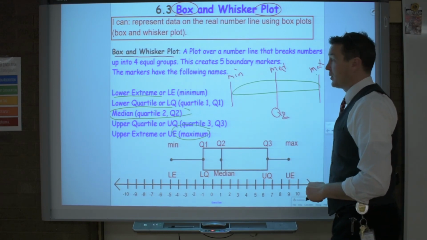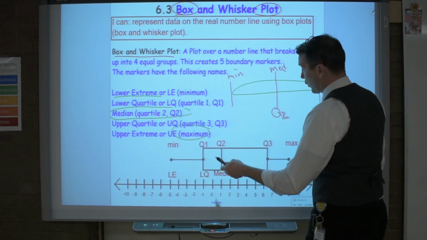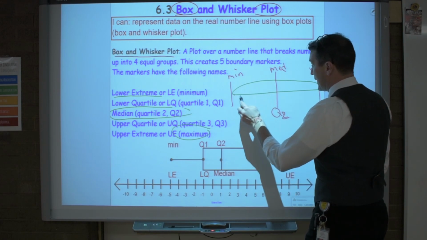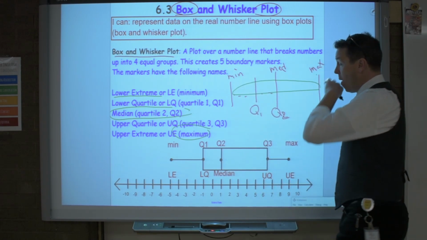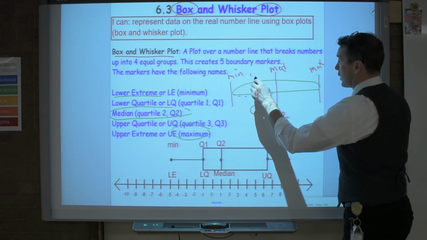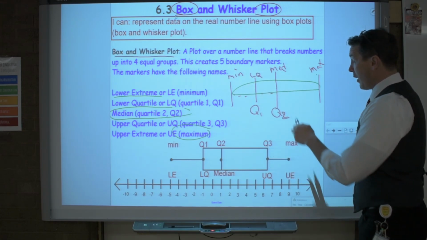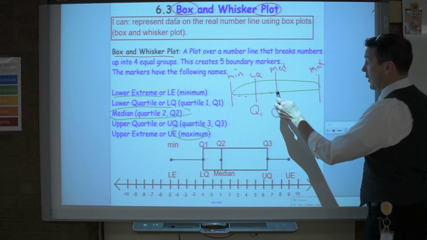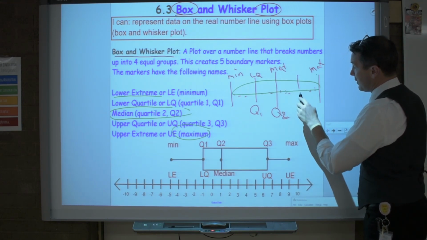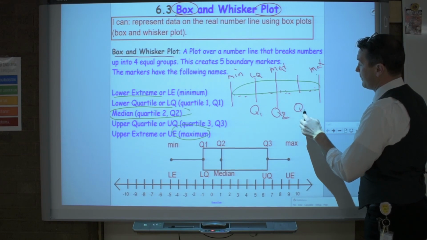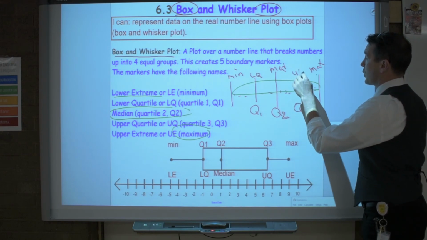That's a 2, promise you. And then to find the lower quartile, all I do is I find the middle of the lower half. And that's my Q1, or my lower quartile, LQ. Or to find the upper one, I can take the upper half and go 1, 1, dot, dot, dot, all the way to the middle, and that becomes my Q3, which is my upper quartile.